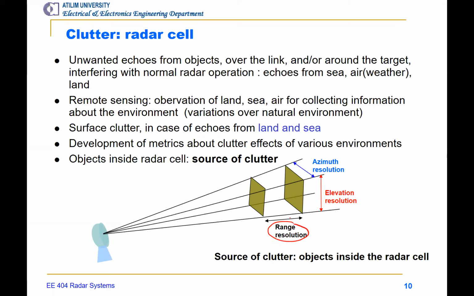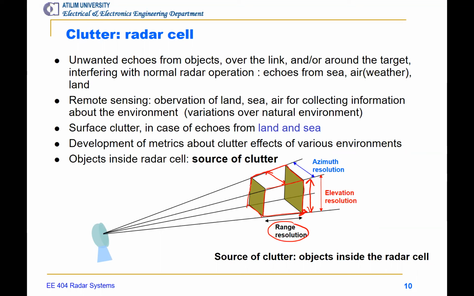Range resolution, so the resolution in range, and resolution in elevation, and resolution in azimuth. Okay? Once we determine these 3 resolutions, we actually determine the radar cell. Okay? That's a volumetric, that's a volume in space.